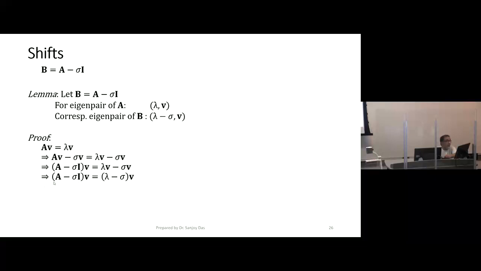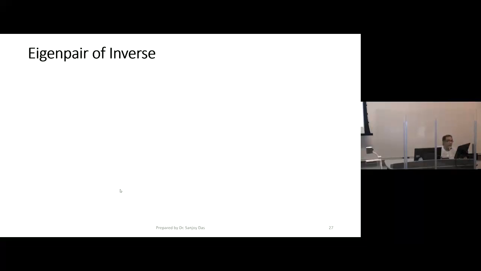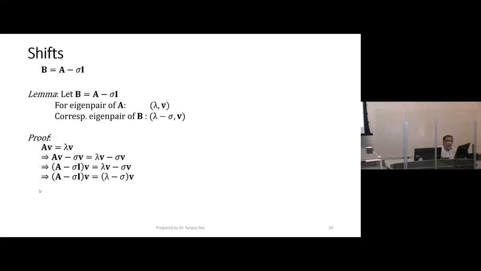This shifted matrix is A minus sigma I. So this shifted matrix times V equals lambda minus sigma times the same V. So V is an eigenvector of this shifted matrix B, and lambda minus sigma is the corresponding eigenvalue. Correct? So that proves this little lemma here.